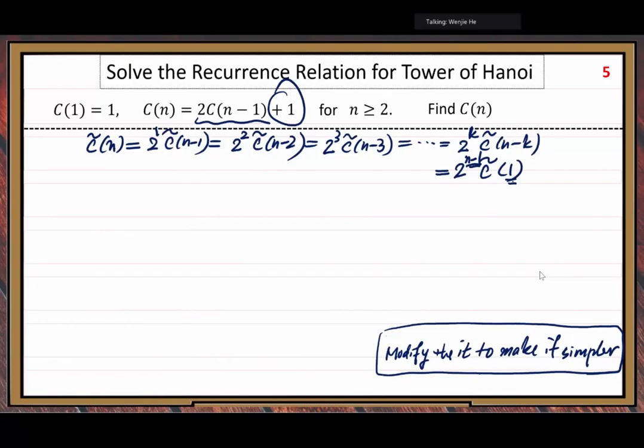So with this C tilde function, when we remove the plus 1 term, we can get an answer quickly, right? But we know you cannot remove a term without any consequence, because it's different.